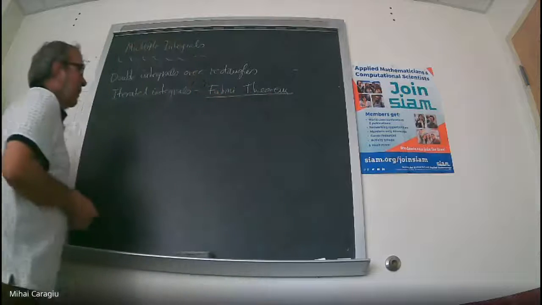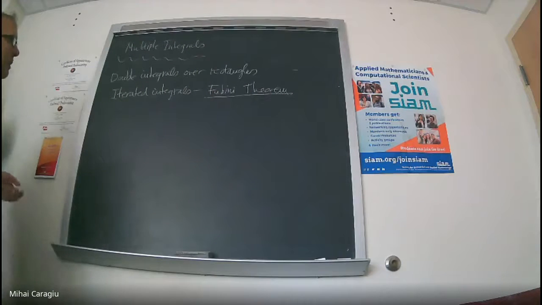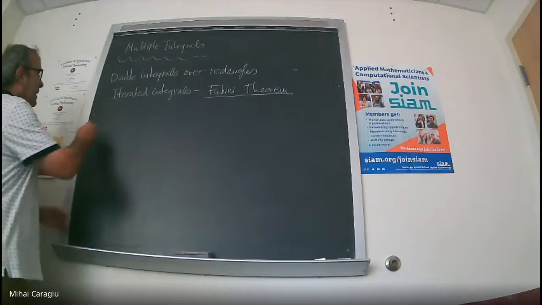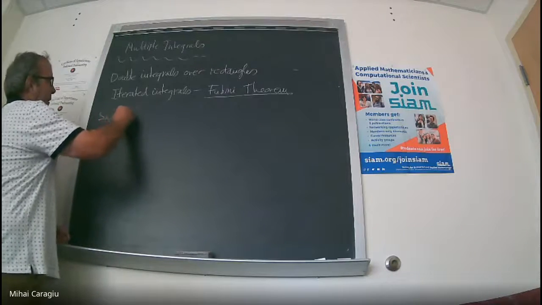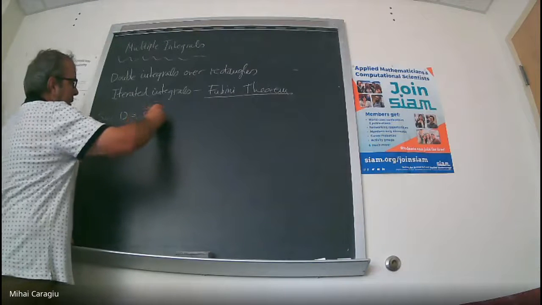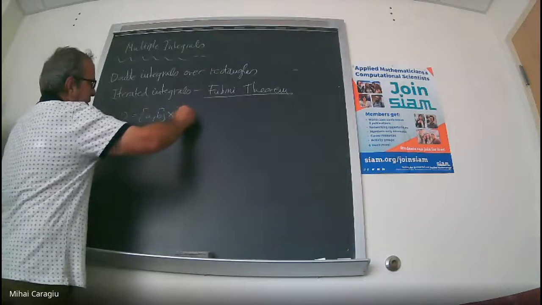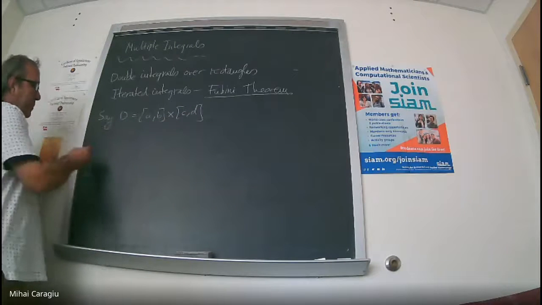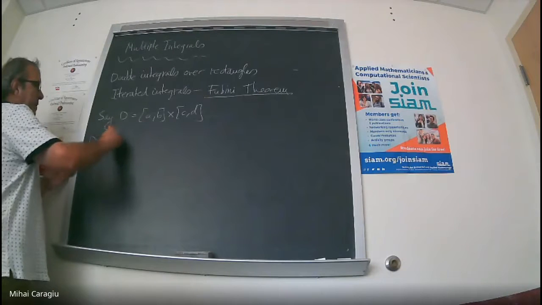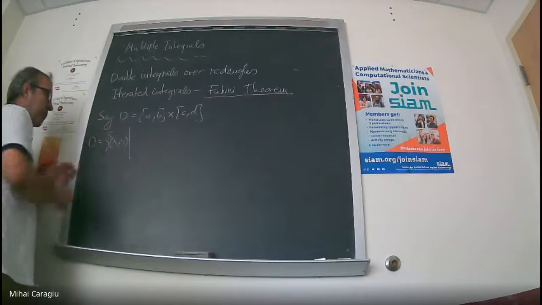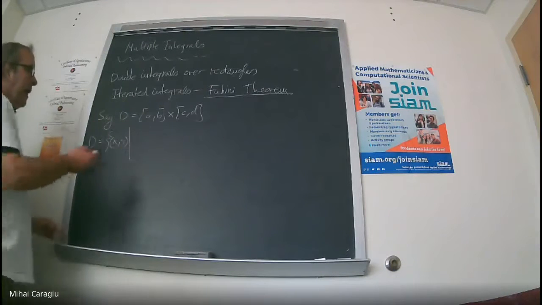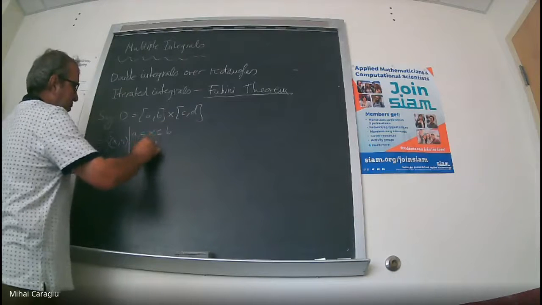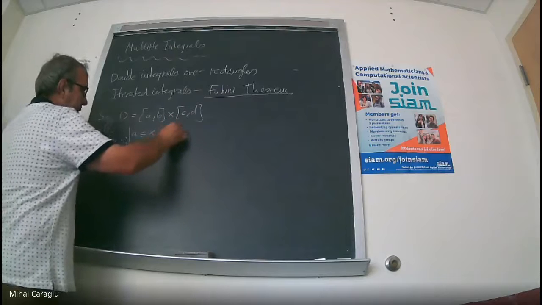Fubini theorem. Okay, so now we want to do a double integral in which the domain over which we integrate is a rectangle. So say the domain D is the rectangle [a,b] cross [c,d]. So D consists of all the points x, y with the property that x is between a and b, and y is between c and d.